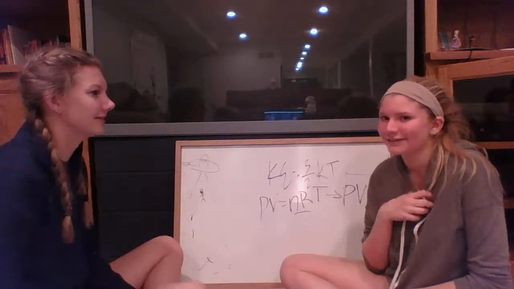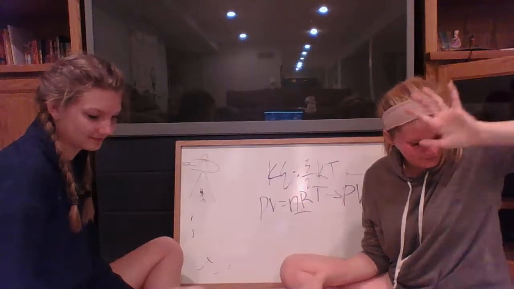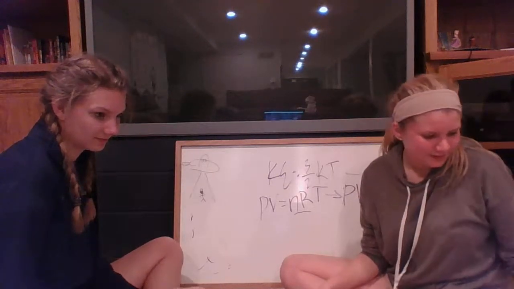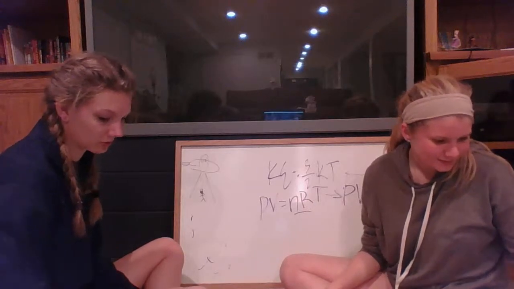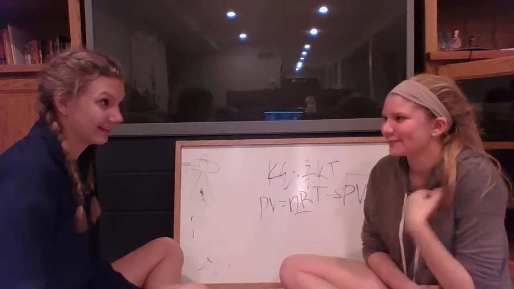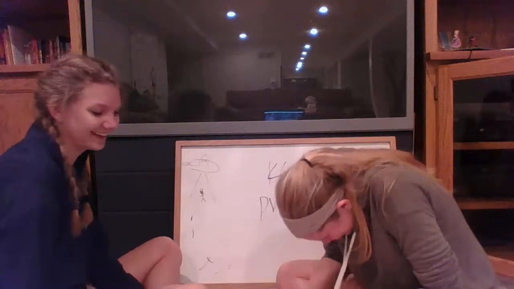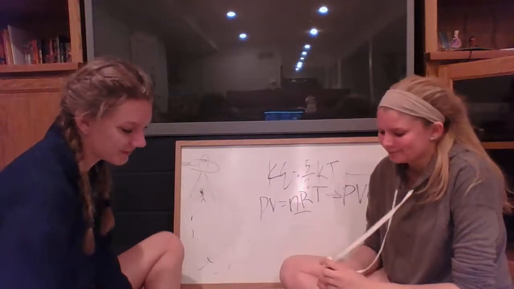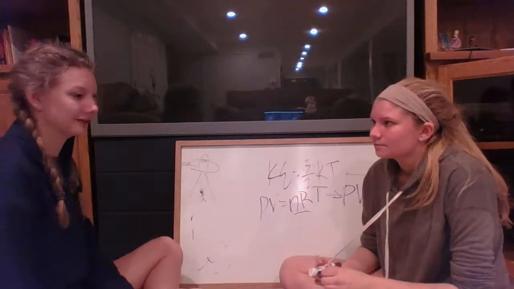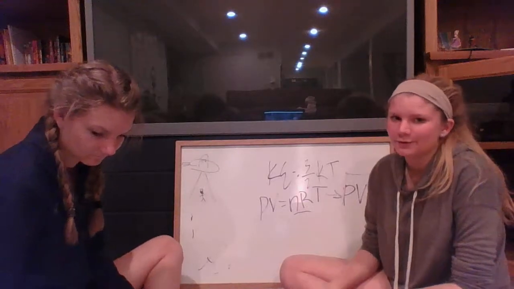It's basically saying if A and B are in thermal equilibrium and B and C are in thermal equilibrium, then A and C would be in thermal equilibrium. So basically, if A equals B and B equals C, A equals C.